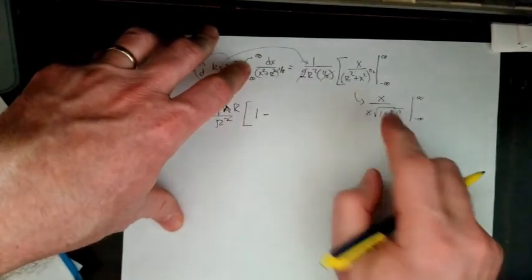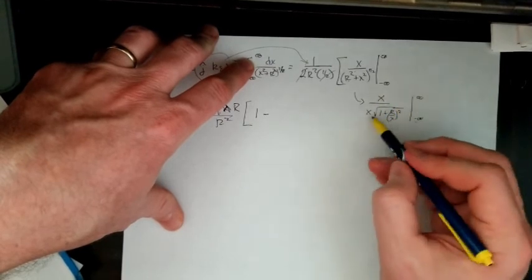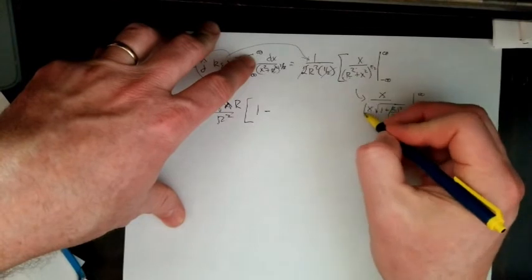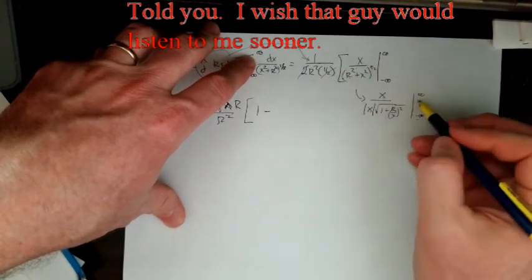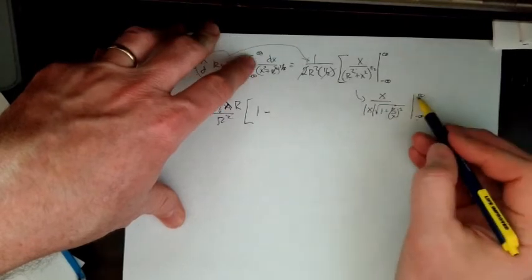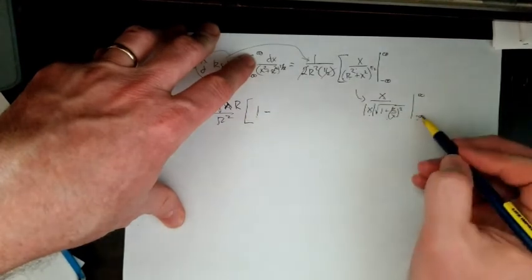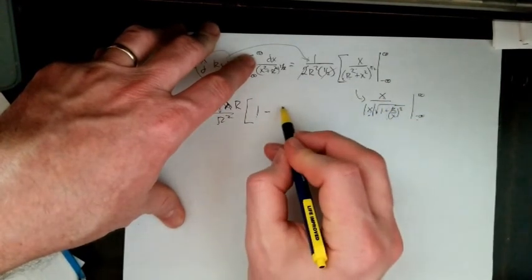I plug in a negative infinity, and again, this term goes to 0, and I get negative infinity over, this would be the absolute value of x. So I plug infinity in, and I get infinity over infinity, because this term right here goes to 0, and so I get 1. I plug negative infinity in, and I end up with negative 1.